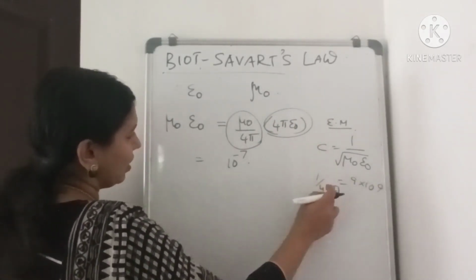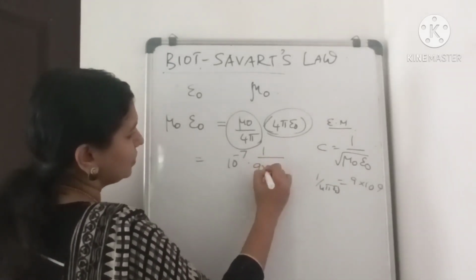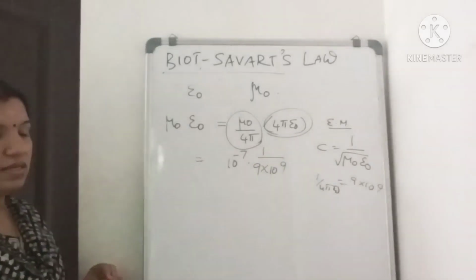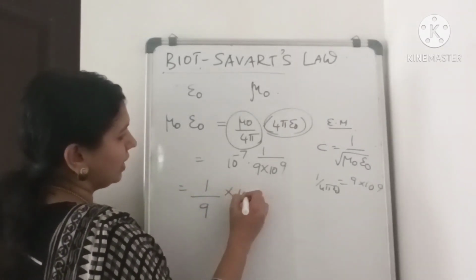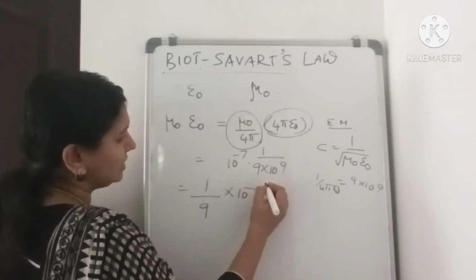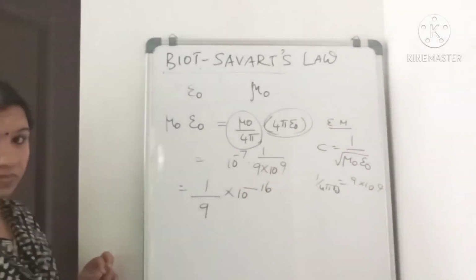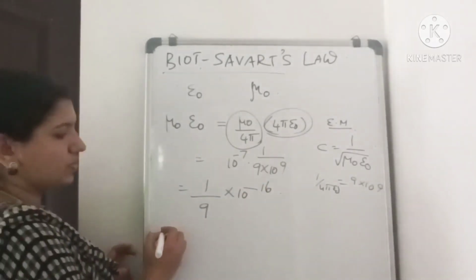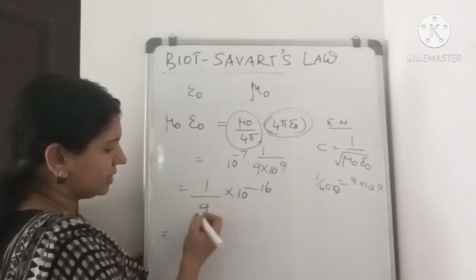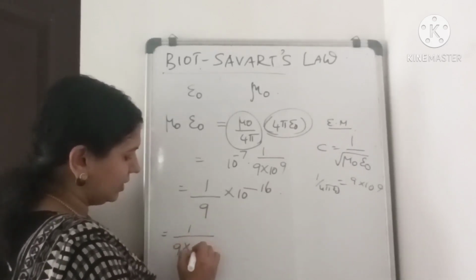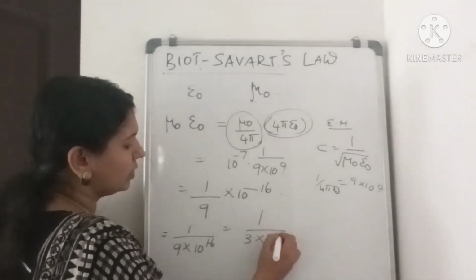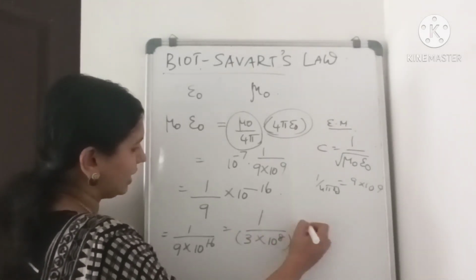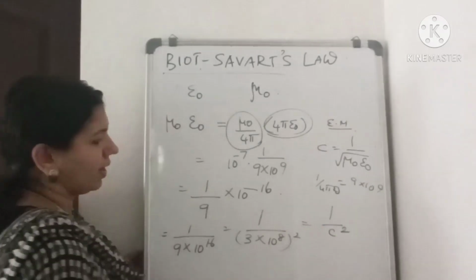So, 4 pi epsilon naught is 1 by 9 into 10 raised to 9. Isn't it? So the product is 1 by 9 into 10 raised to 16. Am I right? That I can write as 1 by 3 into 10 raised to 8, the whole square, which is 1 by c square.